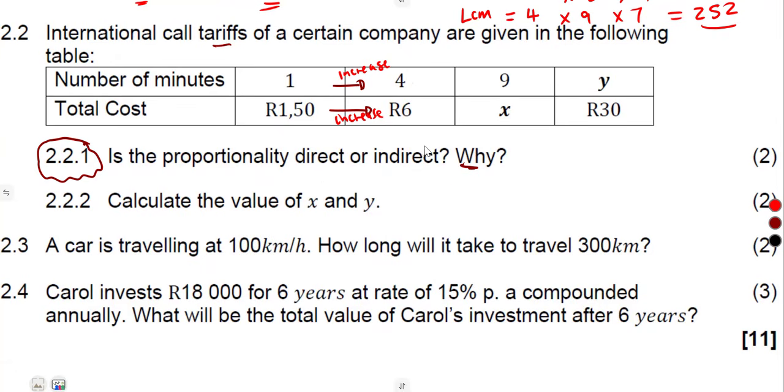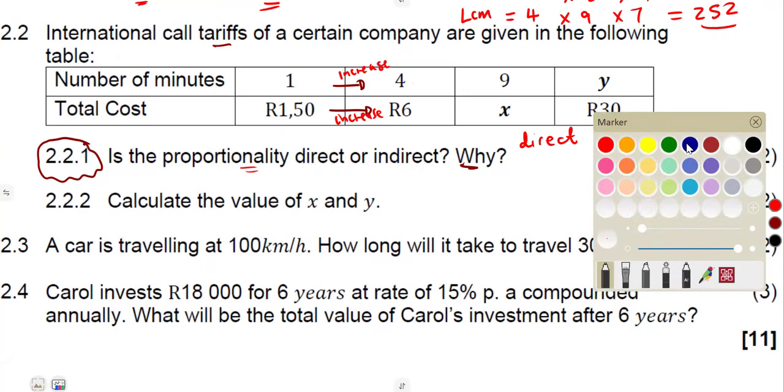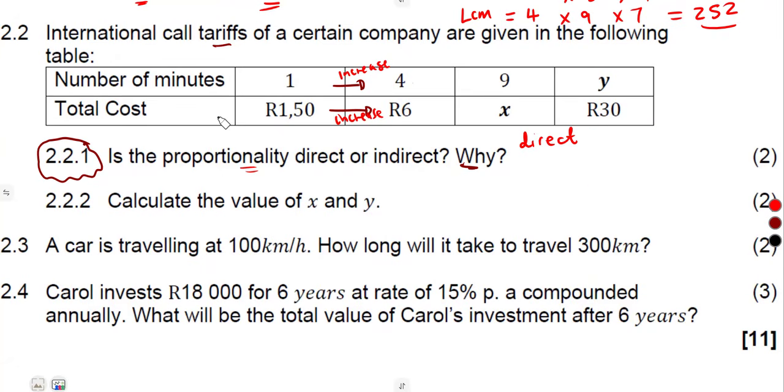That's a direct proportion when both are increasing. But if one is increasing and another one is decreasing, it becomes an inverse. So this one, it is what? A direct proportionality.